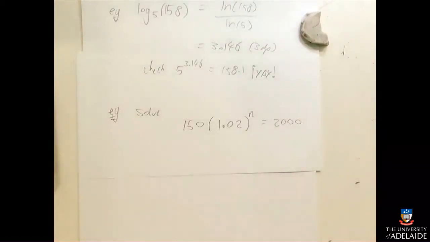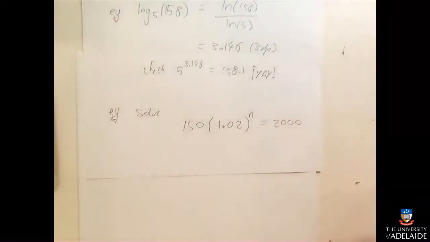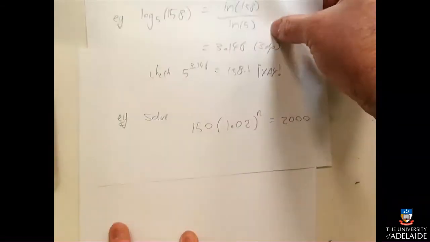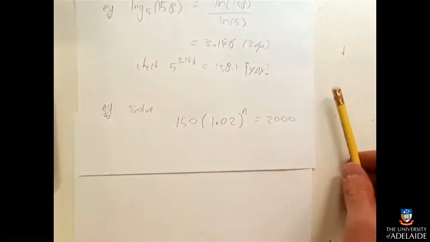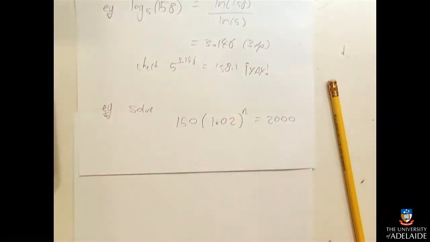Let's solve that. Logs are really useful for solving equations where the thing that you want to find is up in the power. If I want to talk about my decision-making process, normally when I look at these equations, I think about the order of operations and what the easiest things to get rid of first are.